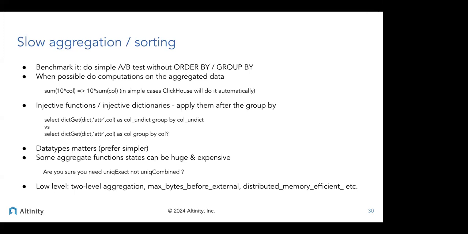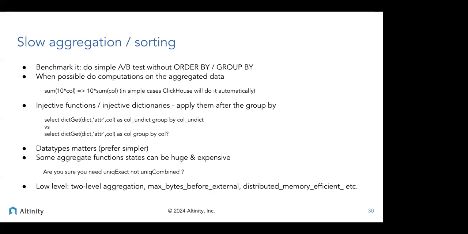What are the typical problems there? One of the easy optimizations is that it's better to do the calculations on top of the aggregate function results instead of applying them to every row. So here we've got sum of 10 times column.